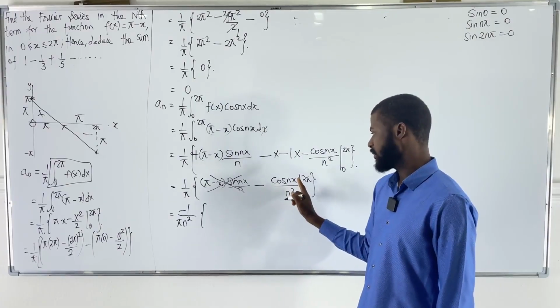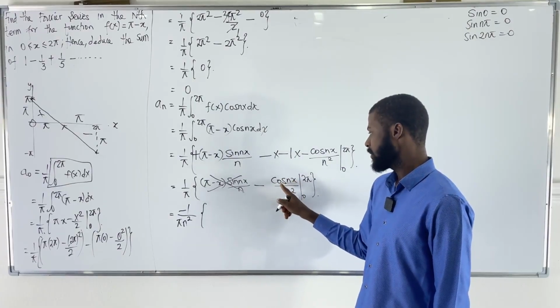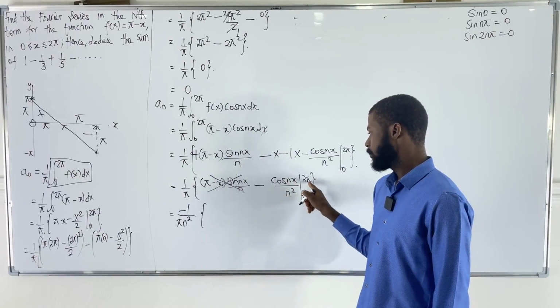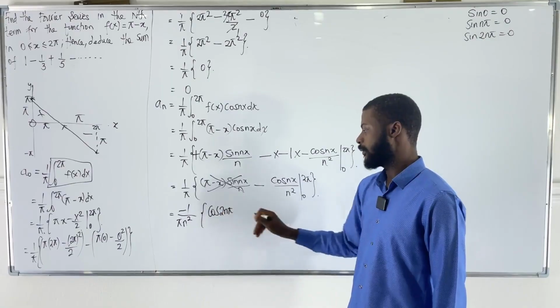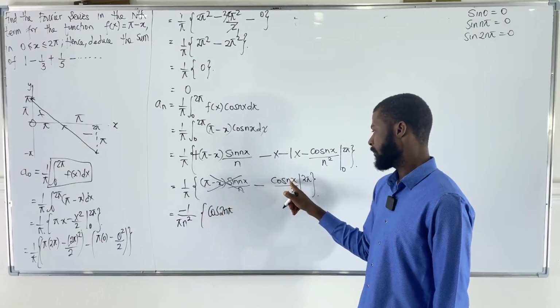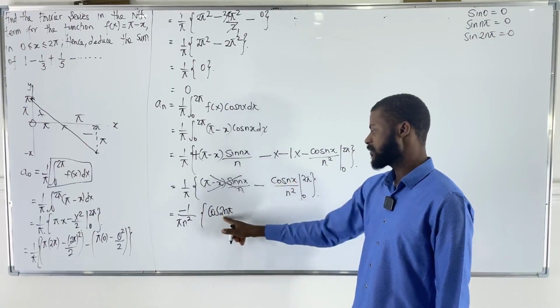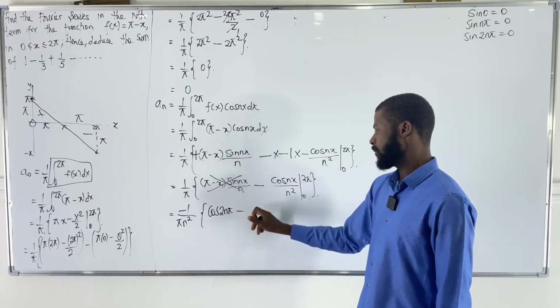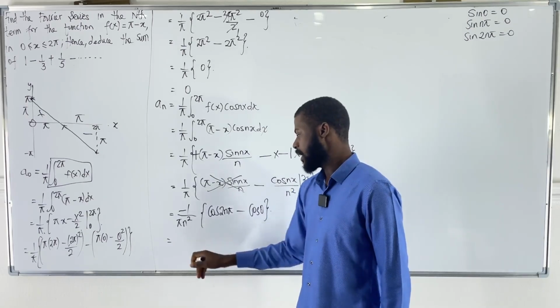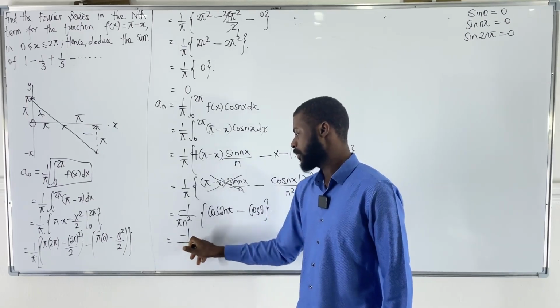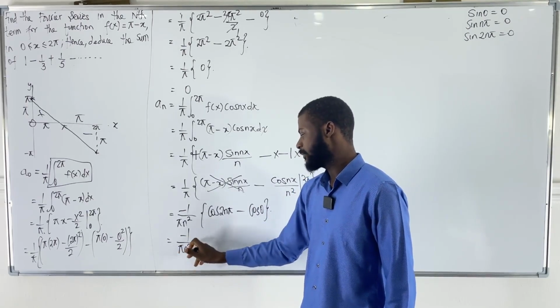Now this cos nx, put in 2 pi here. So this will be cos 2n pi, because n times 2 pi will give 2n pi. Minus put in 0, that will be cos 0. All right. Now this will become minus 1 over pi n squared.